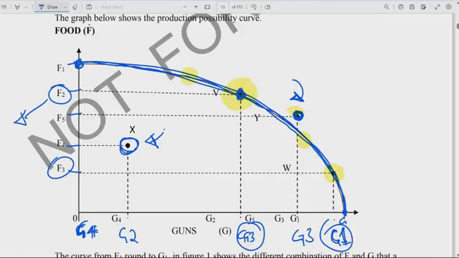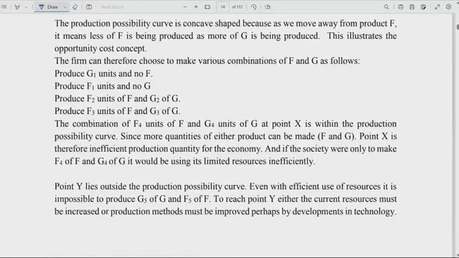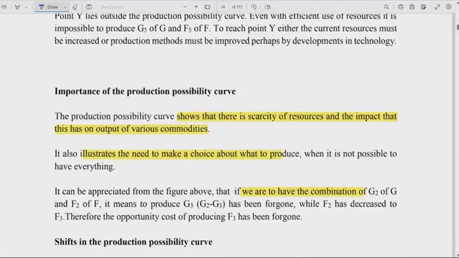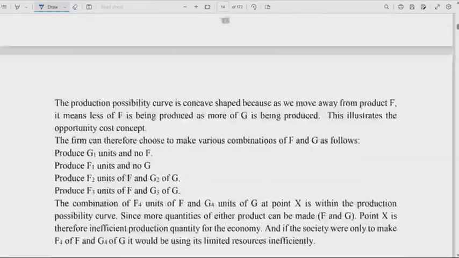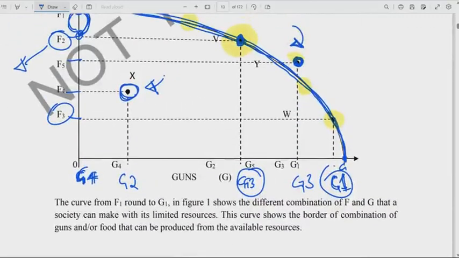But we have chosen to produce at this point, which means that we have forgone this amount of units of food. That's opportunity cost. Same applies here. We can see that it was from, I think, G1 to G3, something like that, although the numbers were not labeled correctly.